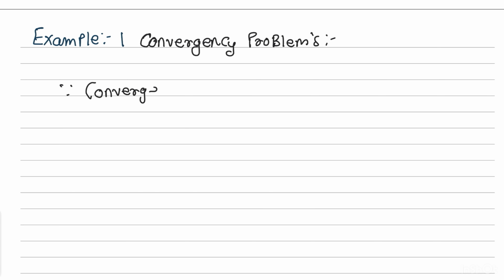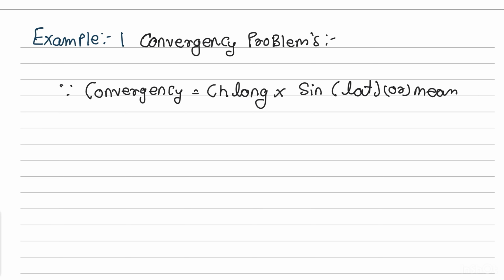Convergency is equal to change of longitude into sine of that latitude, or mean latitude if the question is given in mean latitude. Mostly the question will be given in normal latitude form.